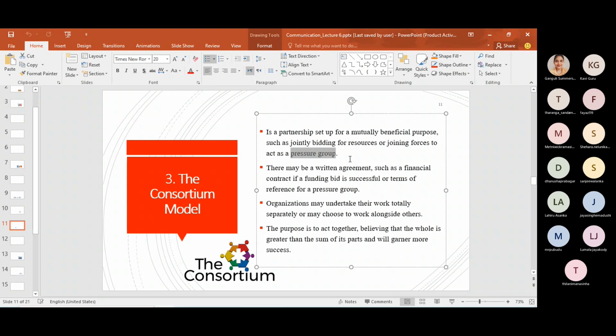But if you go into a partnership, you will have a partner with you to bid for the same resource jointly, if you entered partnership working with another organization. Yes, there will be a combination. So you will have a partner to bid for resources.